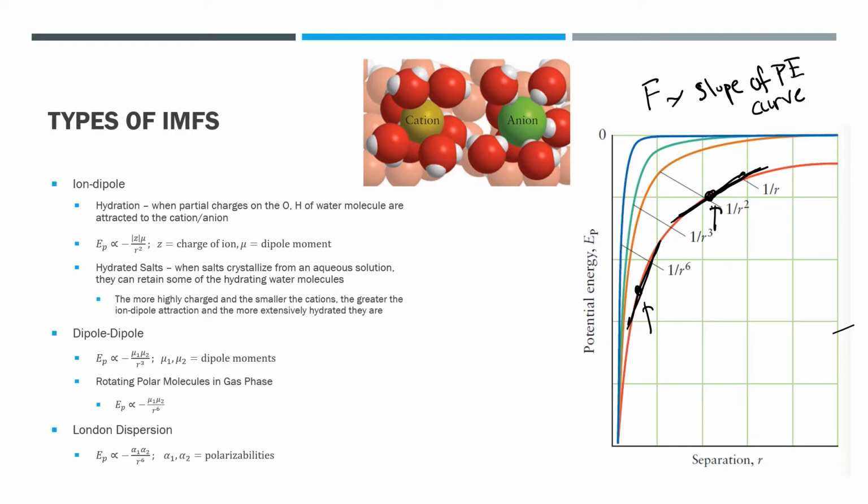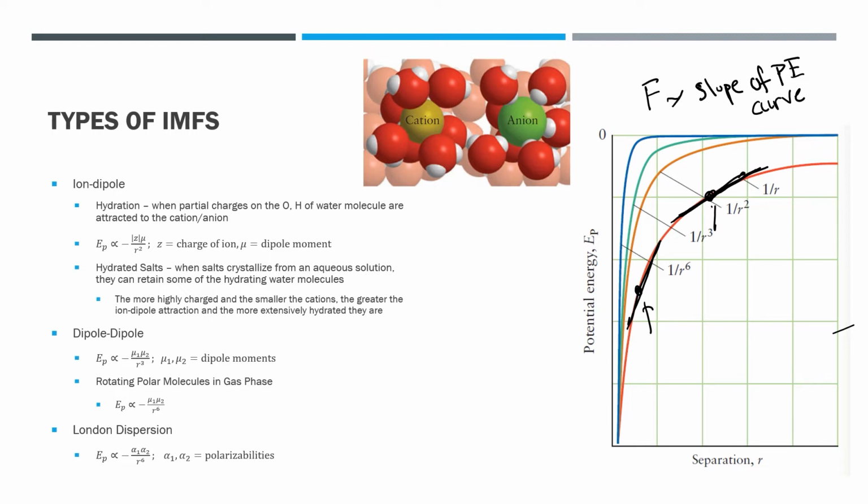And what does that tell us? That tells us that the force at this lower separation is much stronger than the force at the higher separation. And this affirms our general ionic knowledge, right? That two ions have a stronger force when they're closer together. So that was just an example of how we interpret a potential energy diagram in terms of forces.